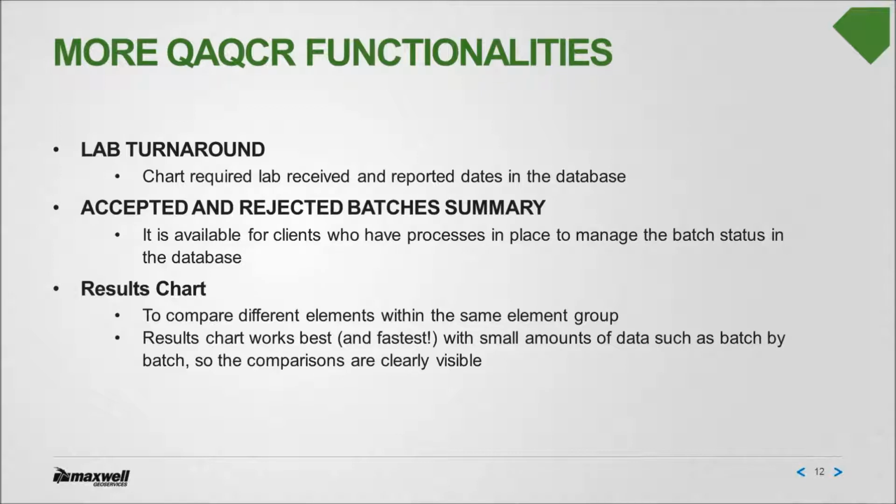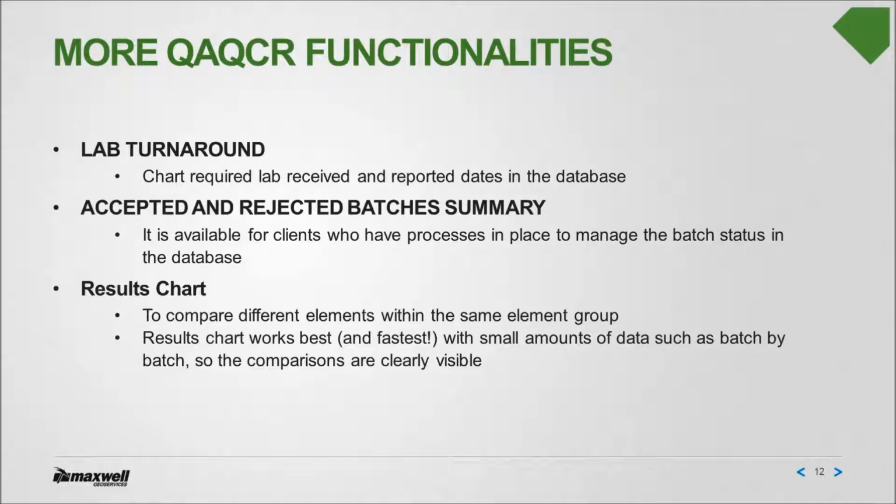Furthermore, we have more functionalities. Lab turnaround: we need the lab drop date and lab receive date to find out if the lab is analyzing our samples in a specific period of time. Accepted and rejected batch summaries: this is available for clients who are processing requests to manage the batch status in the database.